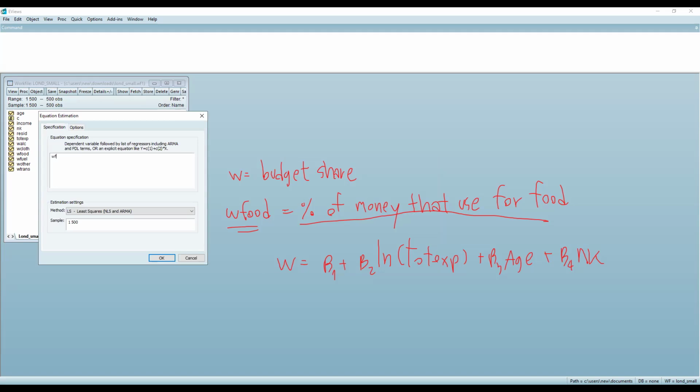So the bill food depends on constant term C, depends on log total expenditure, depends on age, depends on NK.